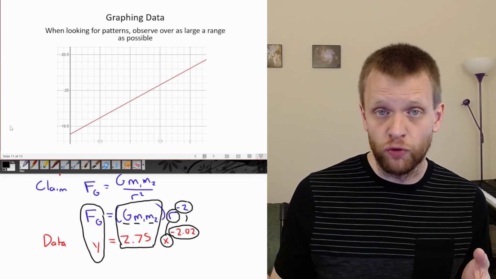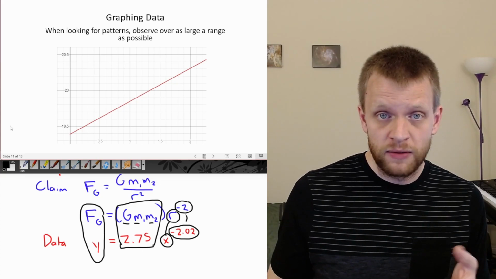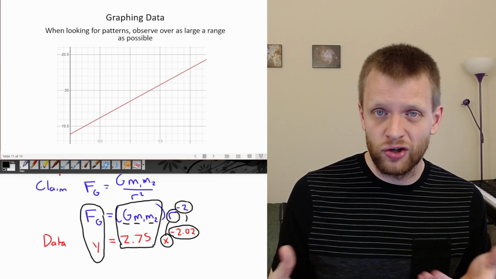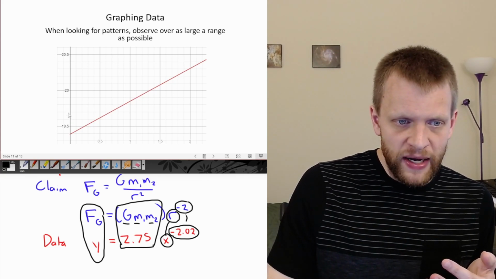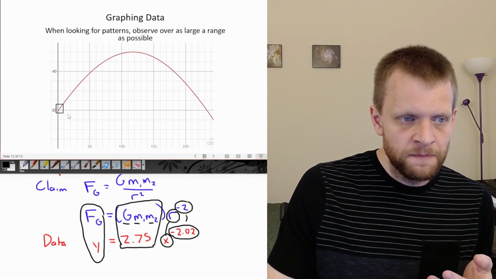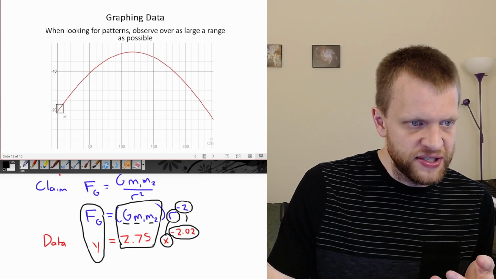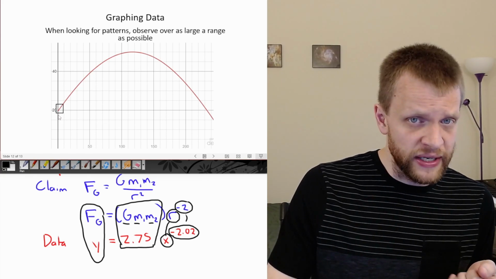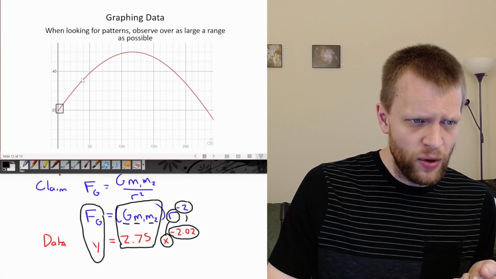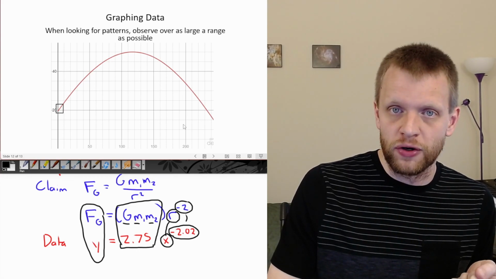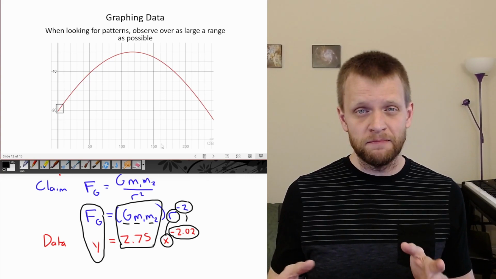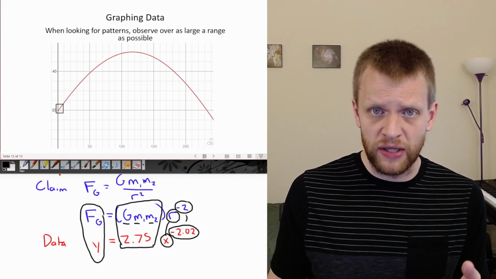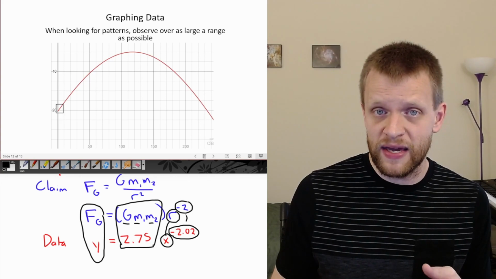What kind of mathematical pattern are we seeing? Pretty quickly we'd say that looks like a linear pattern. But if I zoom out and start taking more data, maybe that data was just this little part here. It looked like a linear pattern, but now we've got these changes over larger ranges. So we might look at this data and say, hey, that looks like a parabola. So I guess this is going to be a quadratic fit.